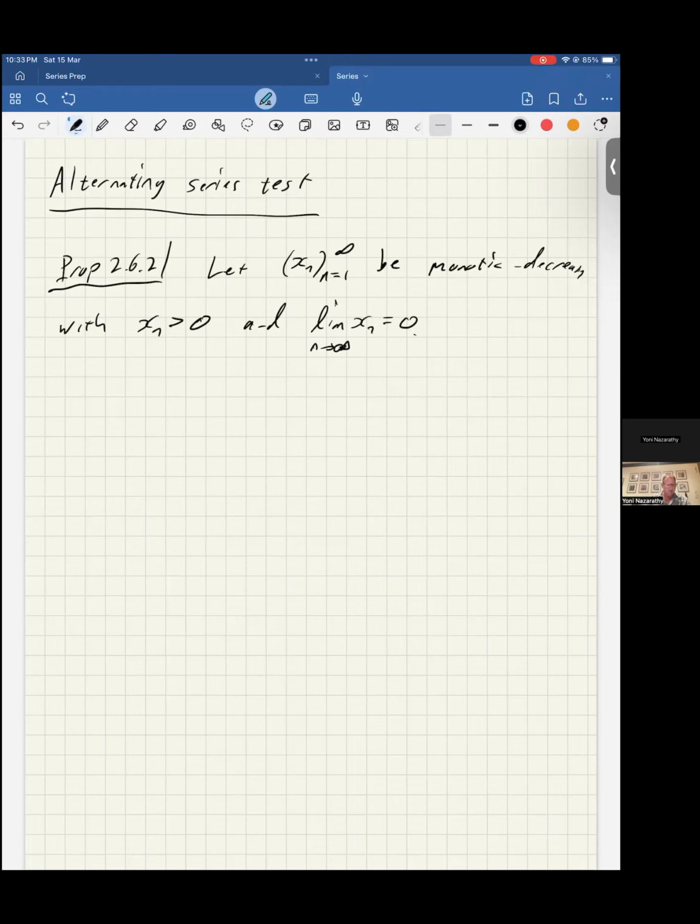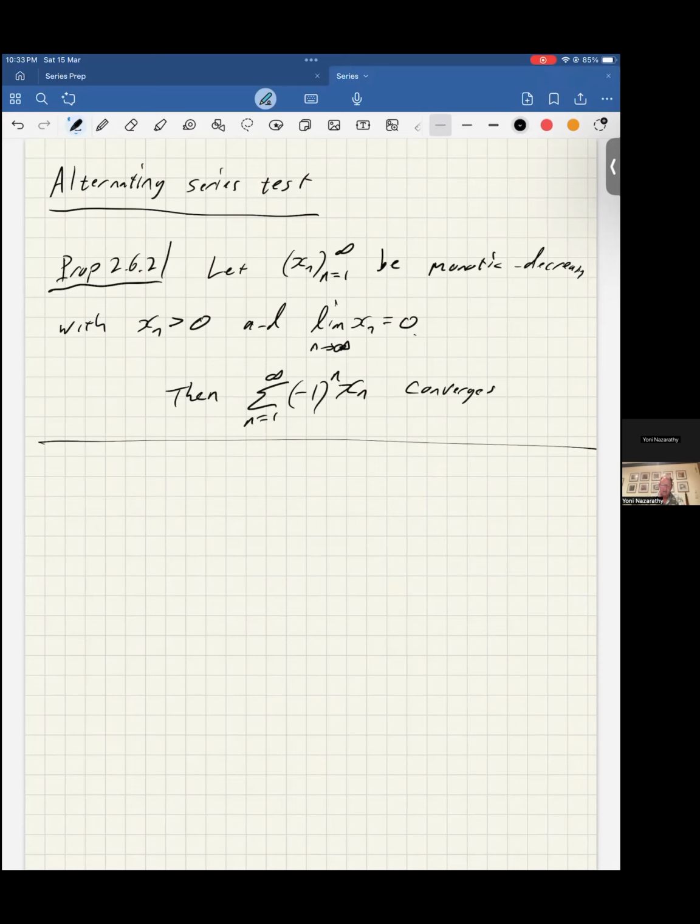So then the series of (-1) to the power n times xn converges. And sometimes it might converge conditionally depending on what we do.